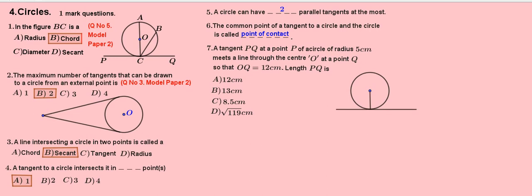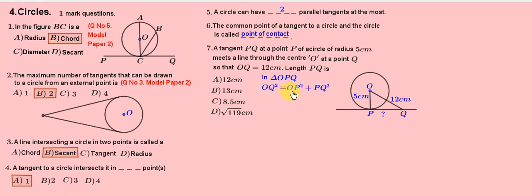Let us draw the figure. According to problem, radius OP is equal to 5 cm, OQ is equal to 12 cm, PQ has to be calculated. So in figure, OQ square equal to OP square plus PQ square, because OPQ is a right angled triangle, because radius drawn at point of contact is perpendicular to tangent.